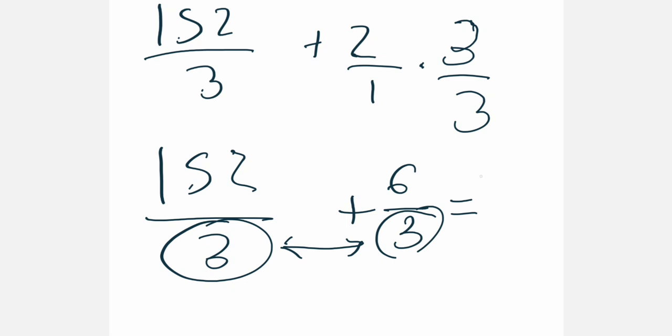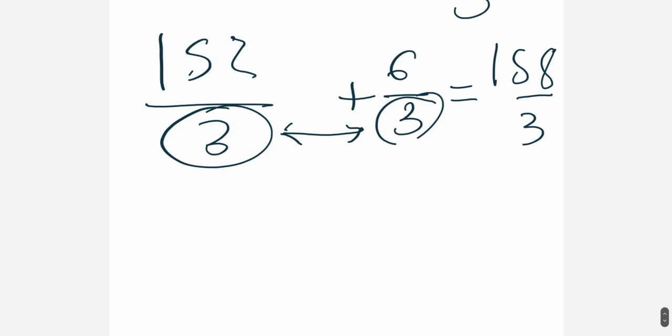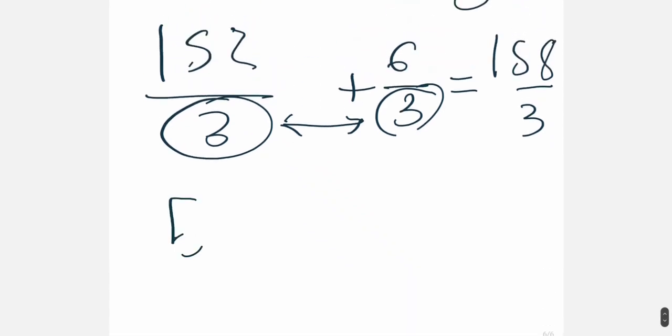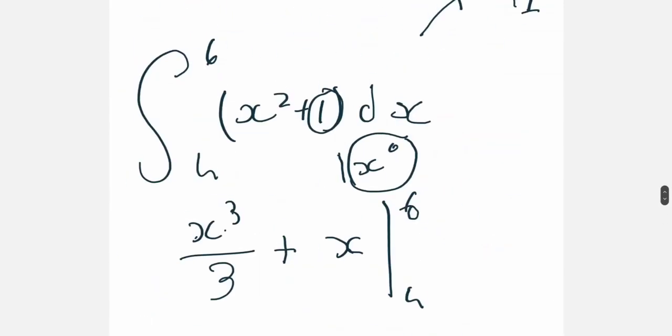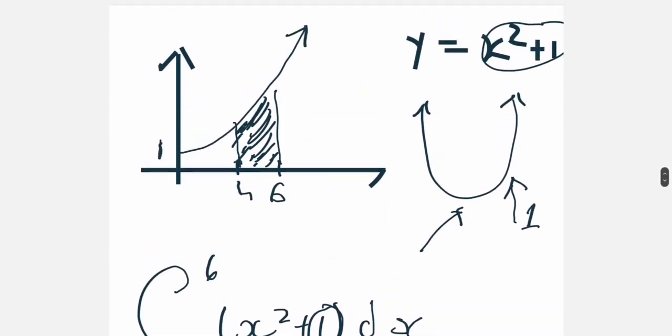So this is 158 over 3. Now, if you divide 158 by 3, we actually get 52.6 recurring. So this gives us our area here. Area equals 52.6 repeating.